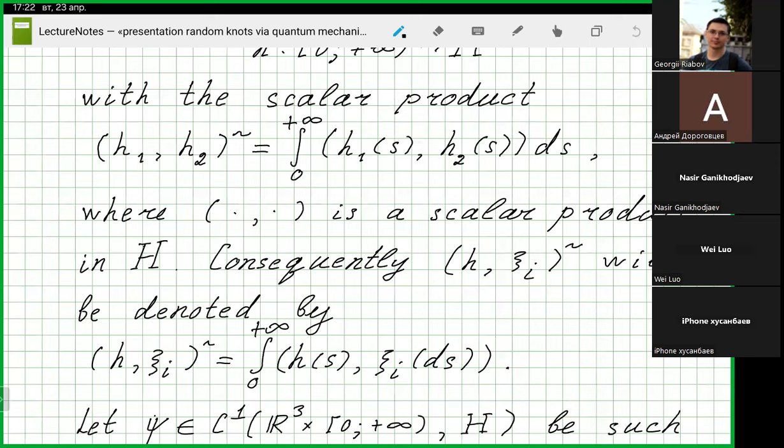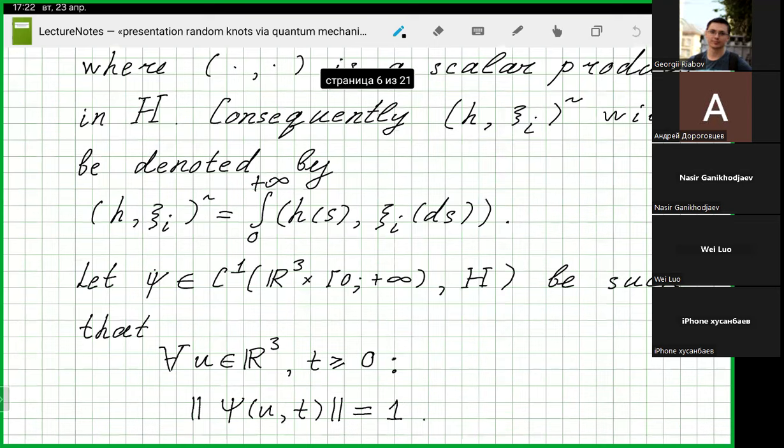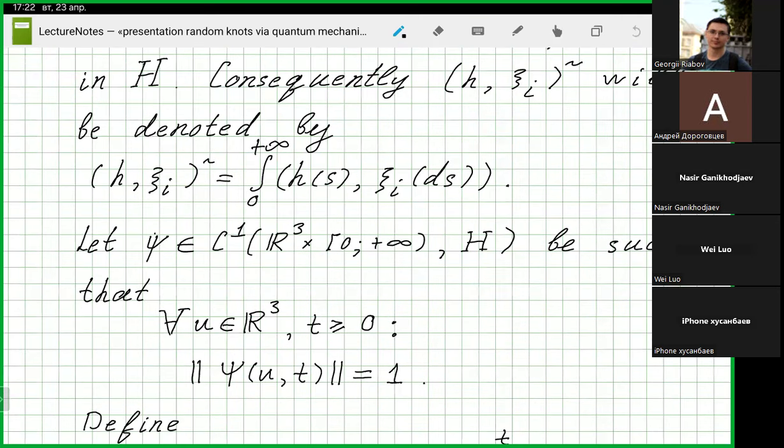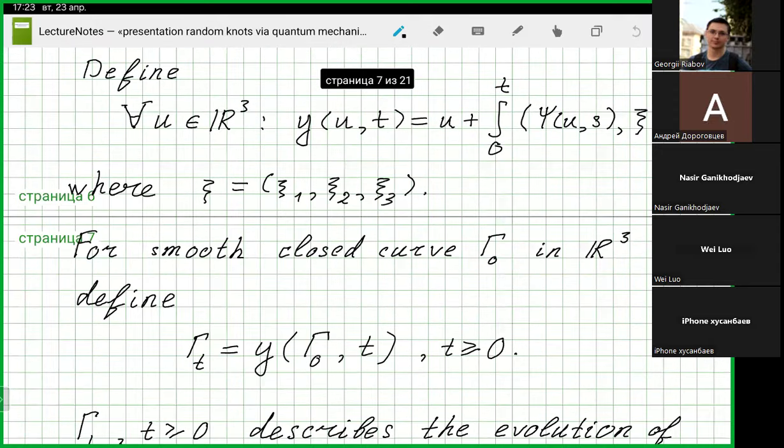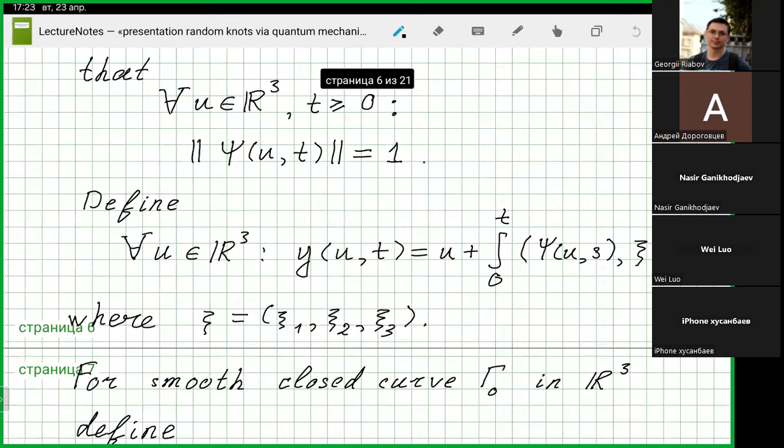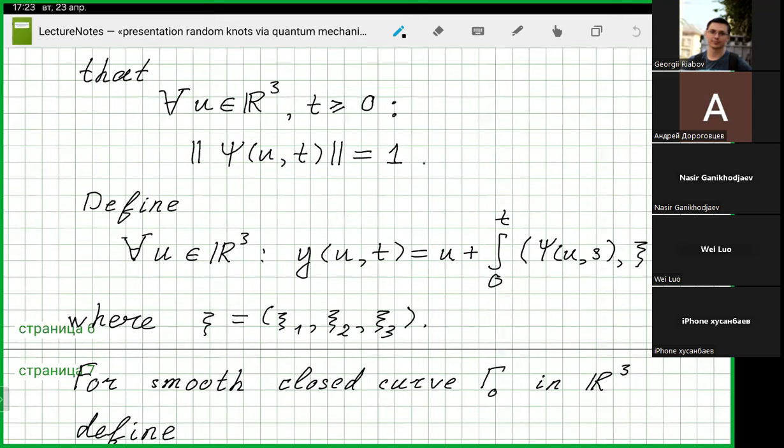Suppose that psi, which belongs to C1, R3 multiplied by (0, plus infinity) and with values in H, is such that we have the following: for all u and t, the Hilbert norm of psi is equal to 1.